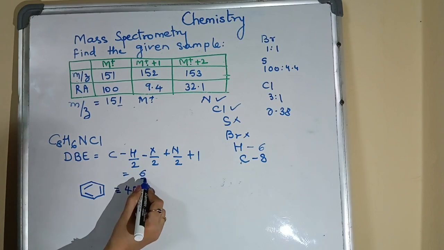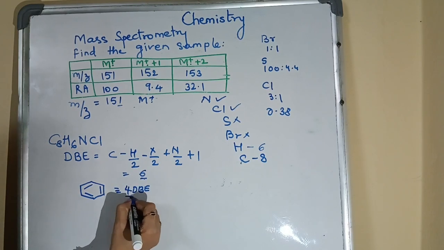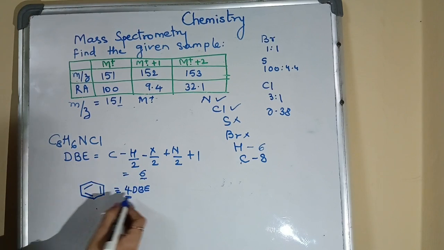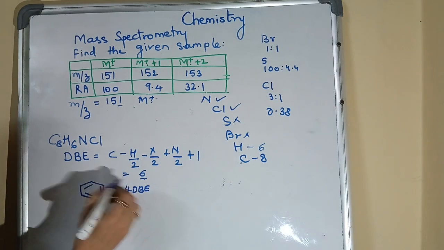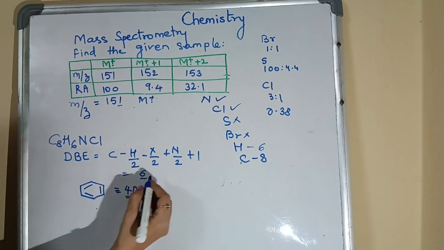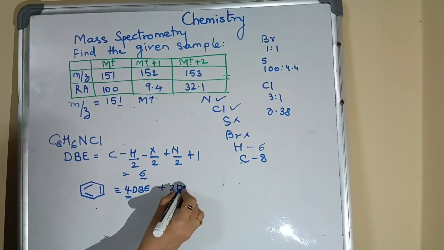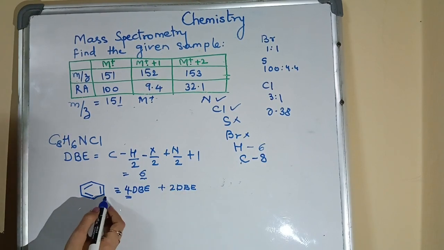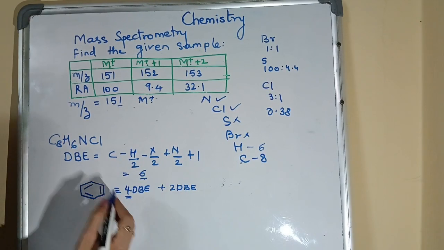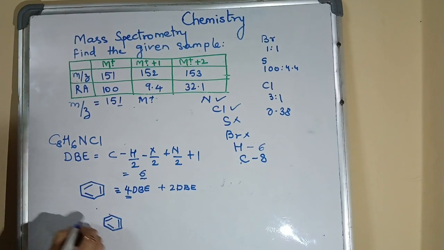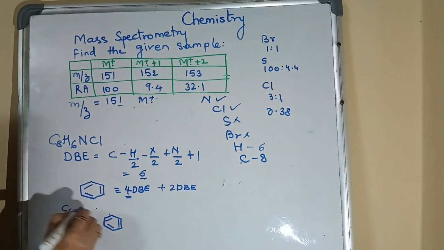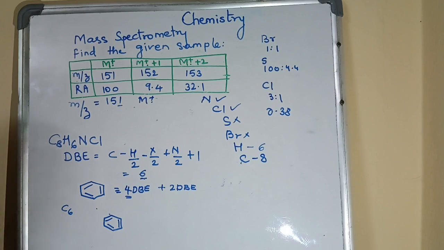Okay, so here we are having the number 6. We have found that benzene is present, therefore it is having 4 DBE. We say that 4 DBE is present in one benzene ring, but still 2 DBEs have to be adjusted. So we assume that one benzene ring is present, due to which our 6 carbons are adjusted, but still 2 carbons are remaining.